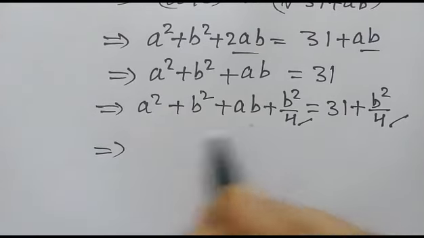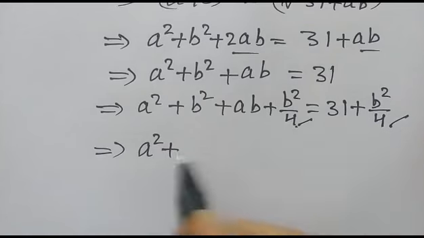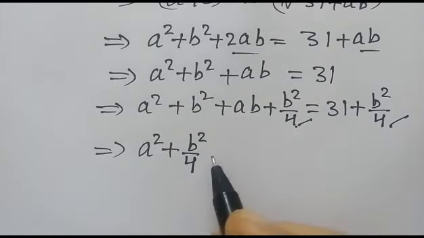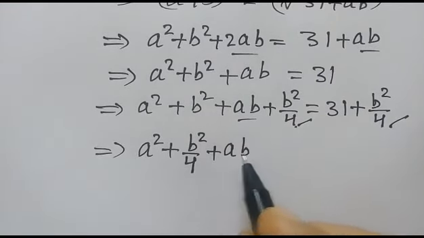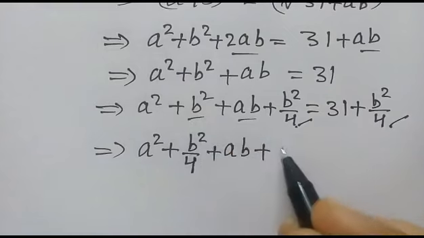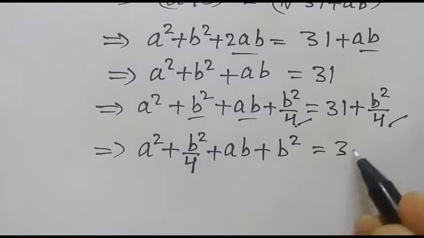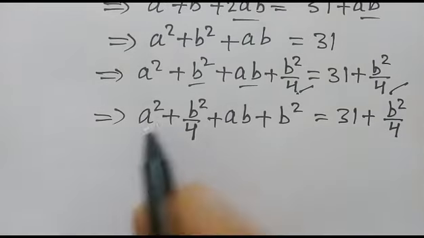Now if we rearrange: a square plus b square over 4 plus ab, plus b square is equal to 31 plus b square over 4, right?